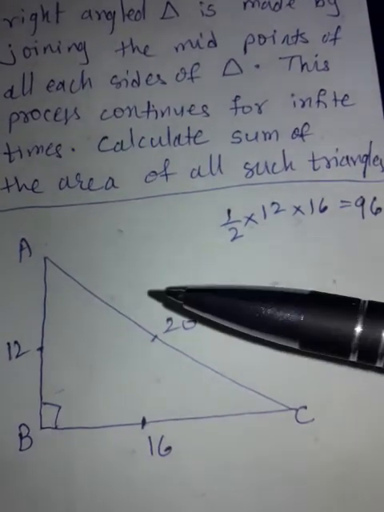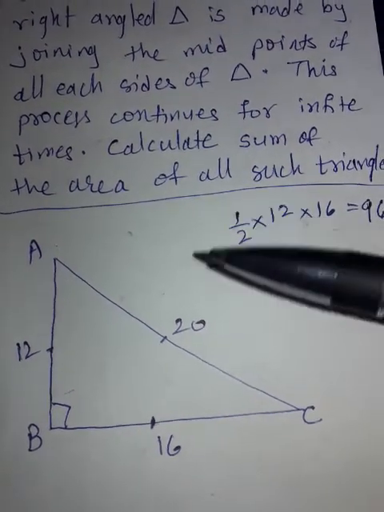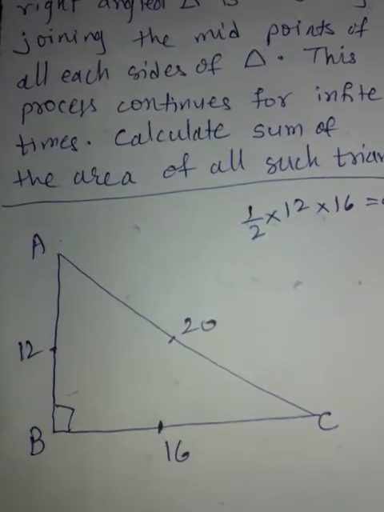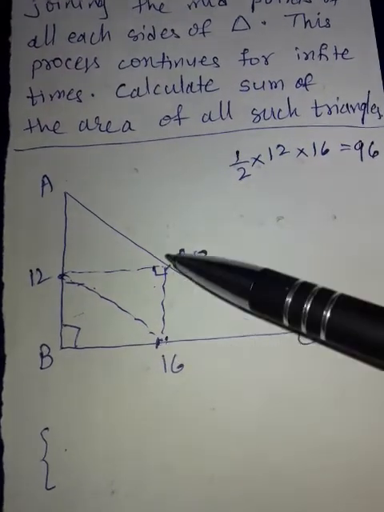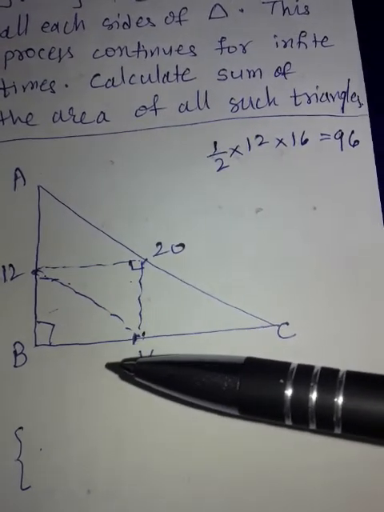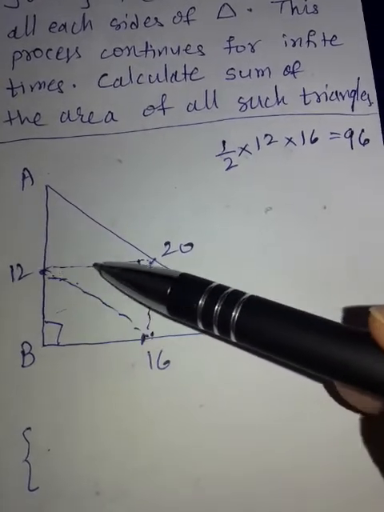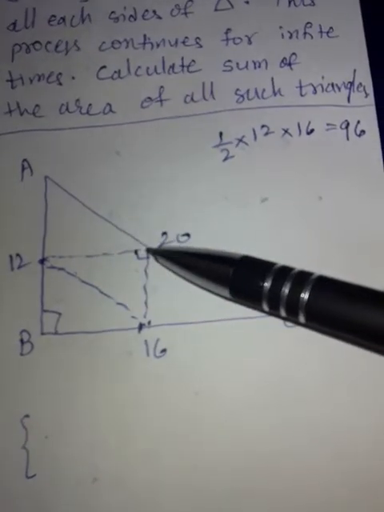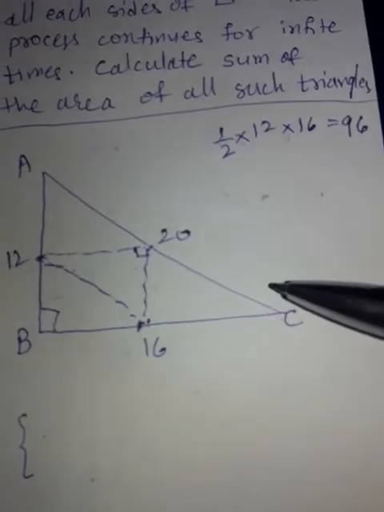Now they have said that join all the midpoints, again form a right angle triangle, and go on with this process an infinite number of times. So I have joined the midpoints and drew this triangle. Now there is one theorem which says whenever you join the midpoints like this, suppose you take these two midpoints, the line formed is always parallel to the opposite line and always half of it.